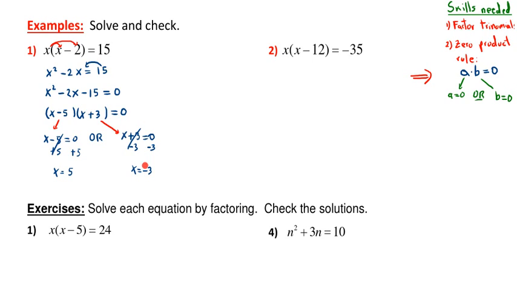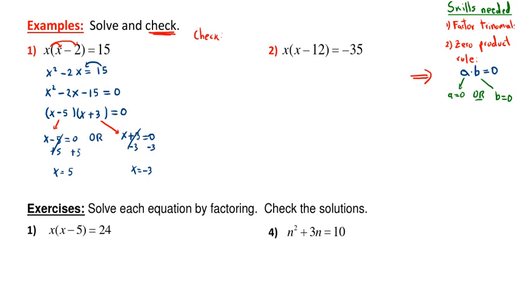So these two are the solutions, but we have to check. Whenever we solve an equation, we need to check the solutions that we get to make sure that they are correct. So we're going to do the check for both solutions.